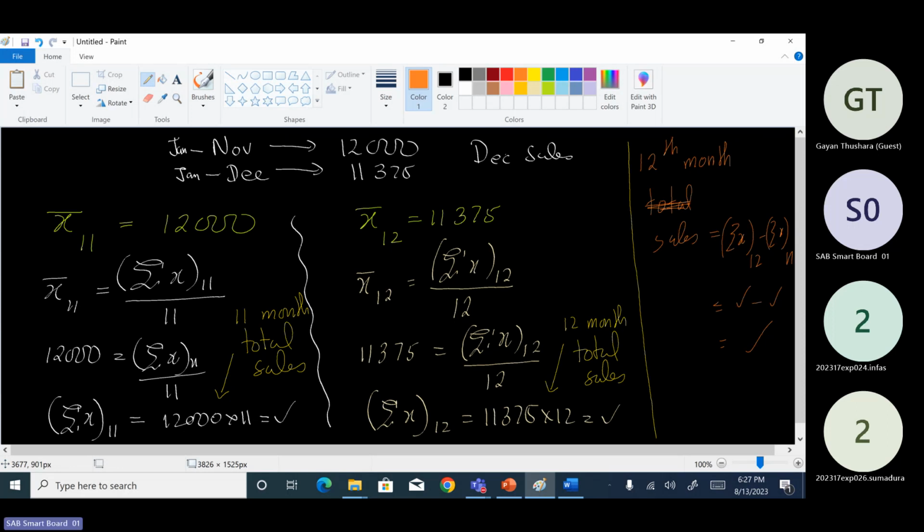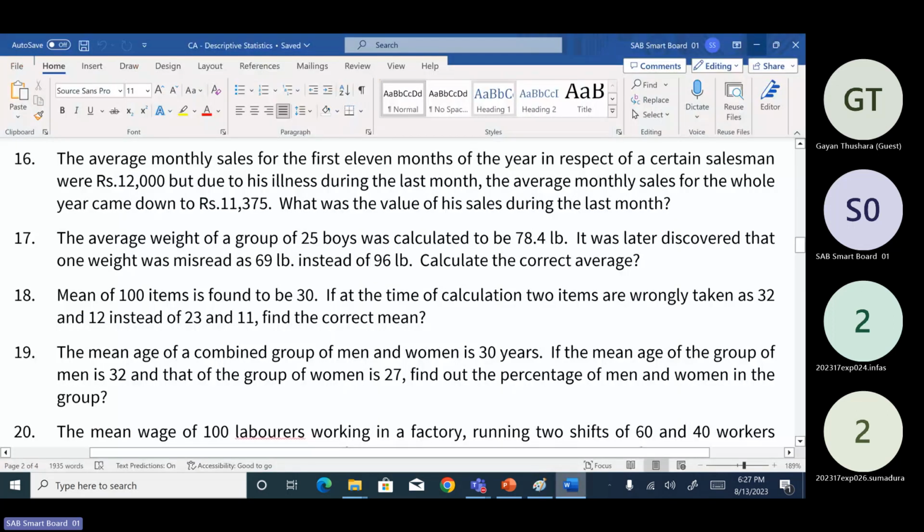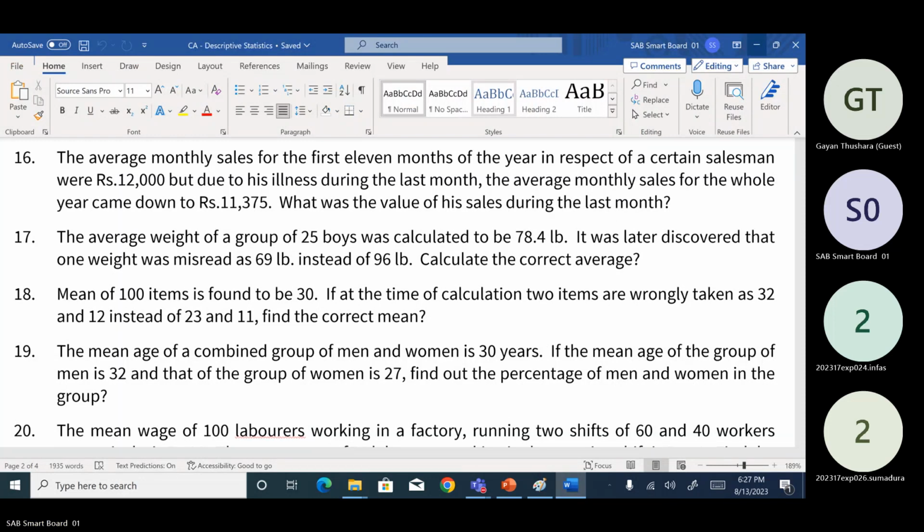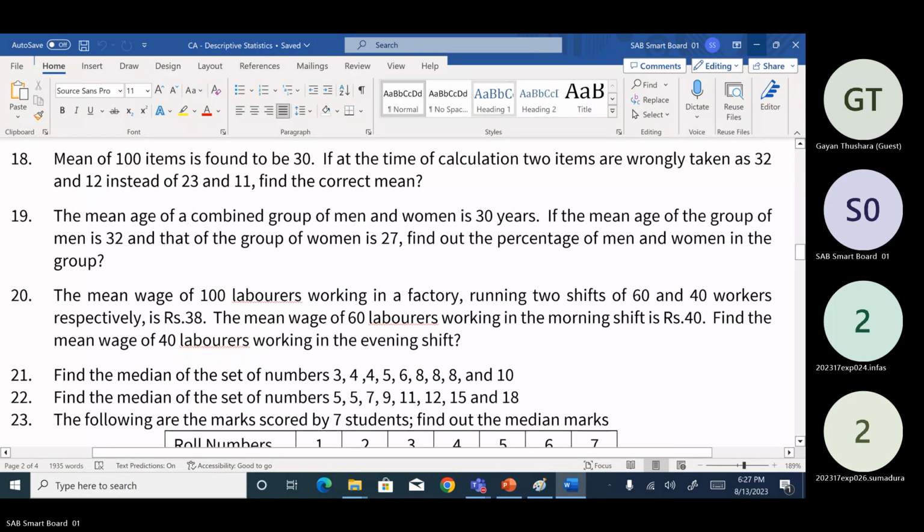I have covered almost all the types you have here. So this is again the correct mean, wrong mean given, correct mean they are asking us to find, and combined mean. So now you can try up to question number 20.